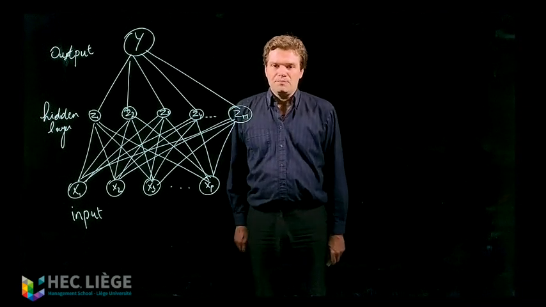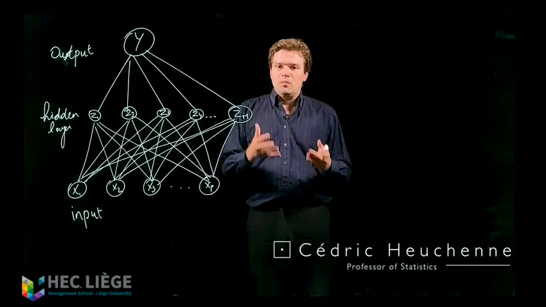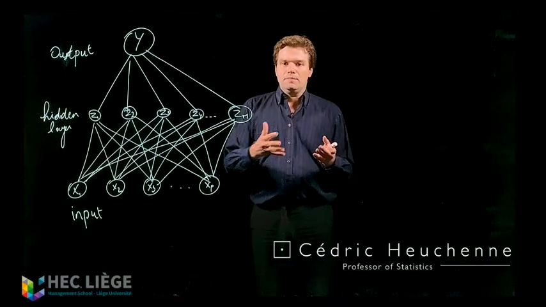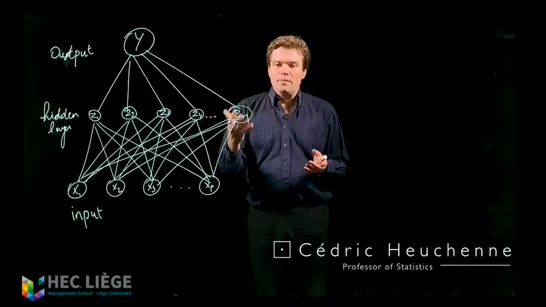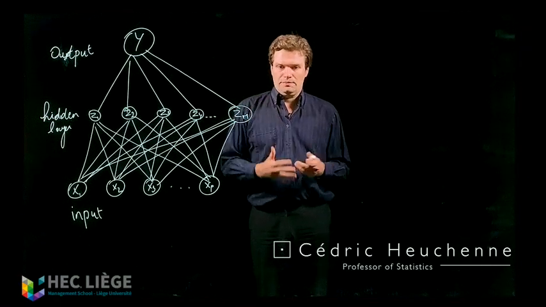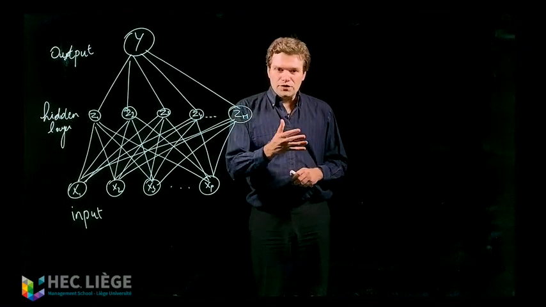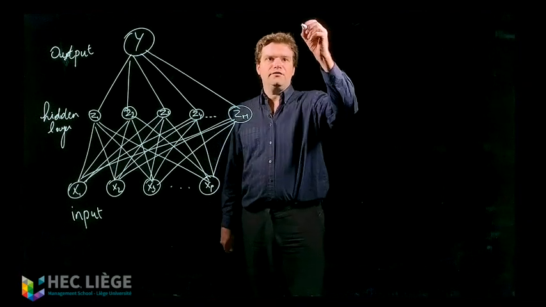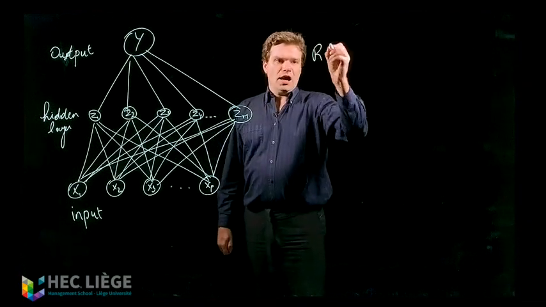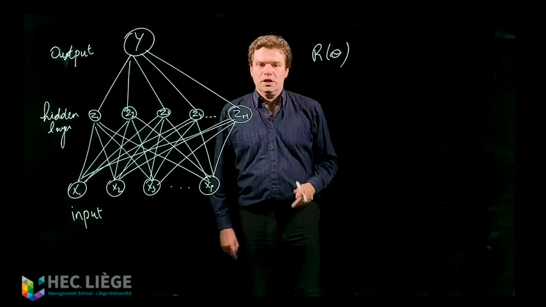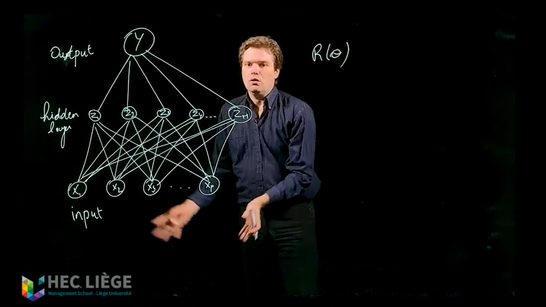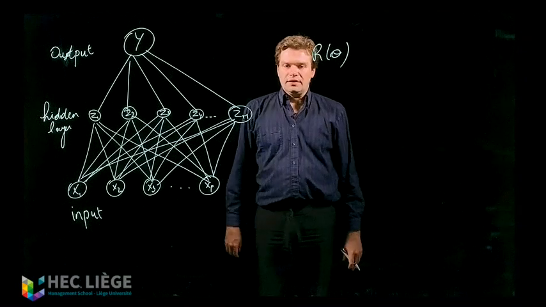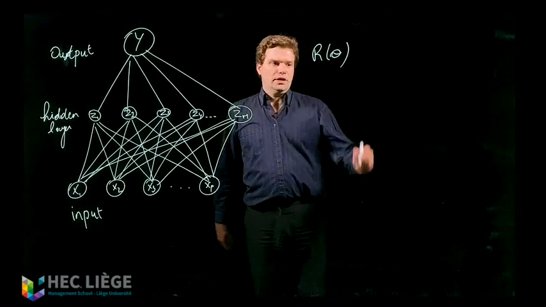Now let's give some details about how the algorithm, the methodology works. First, we can remember that we have a function R of theta, theta the vector of all the parameters that are involved in the neural network.